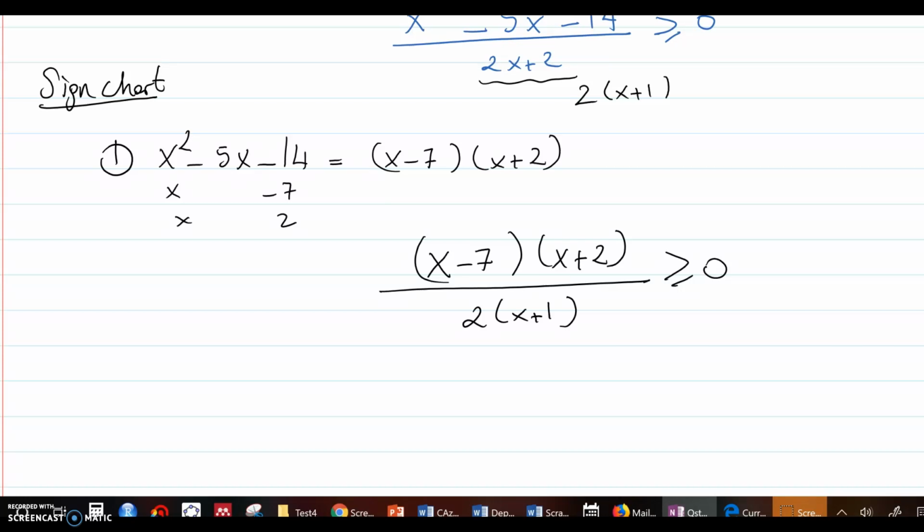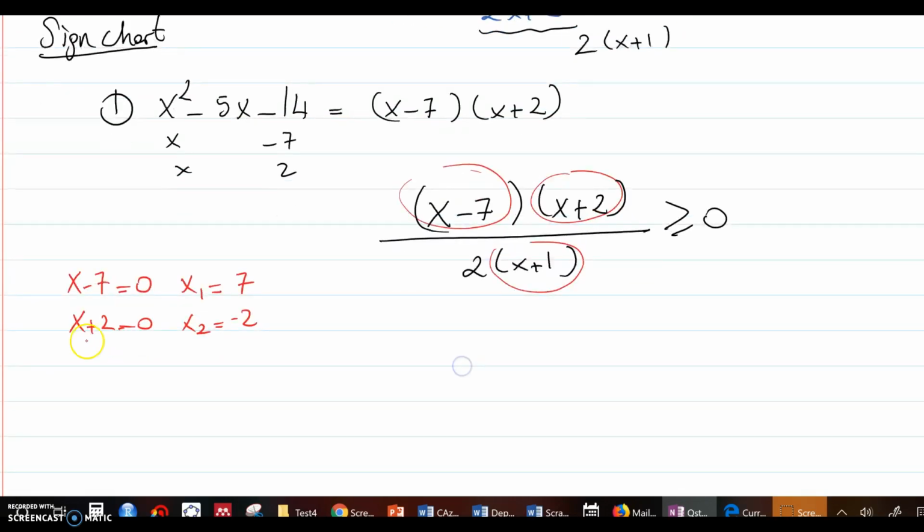So I'm going to go ahead and find the zeros of those terms, right? So x minus 7 equals 0, I have a root 7. x plus 2 equals 0, I have a root negative 2. x plus 1 equals 0, I have a root negative 1.